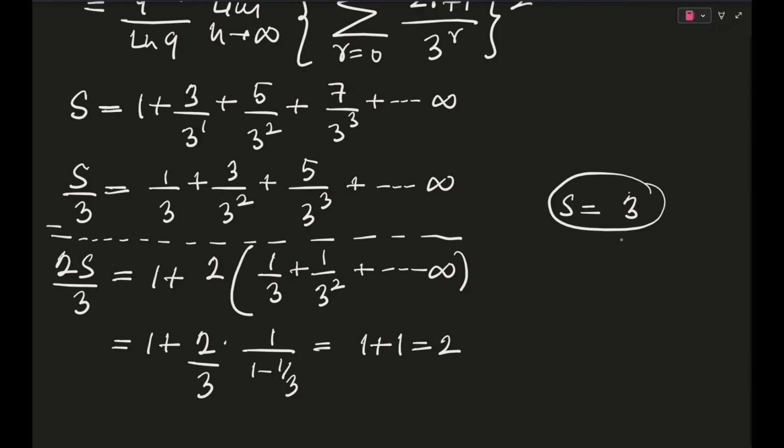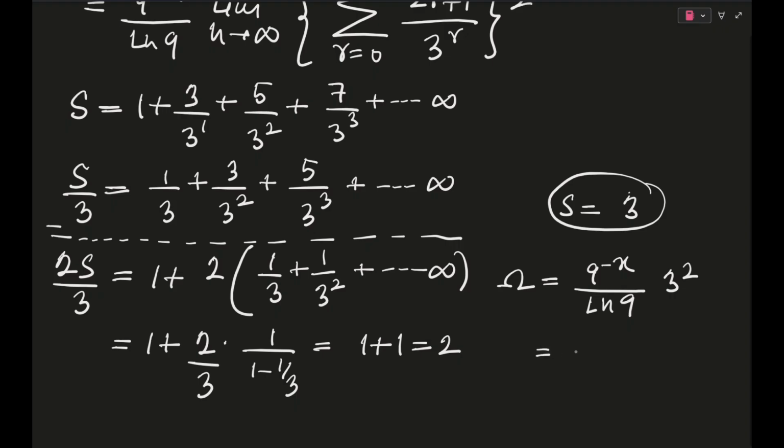So infinite sum GP, it becomes equal to 3. So I guess sigma will become equal to 9 power minus x divided by ln 9, and this will, I guess, be equal to 3. Okay, not 3, 3 squared.